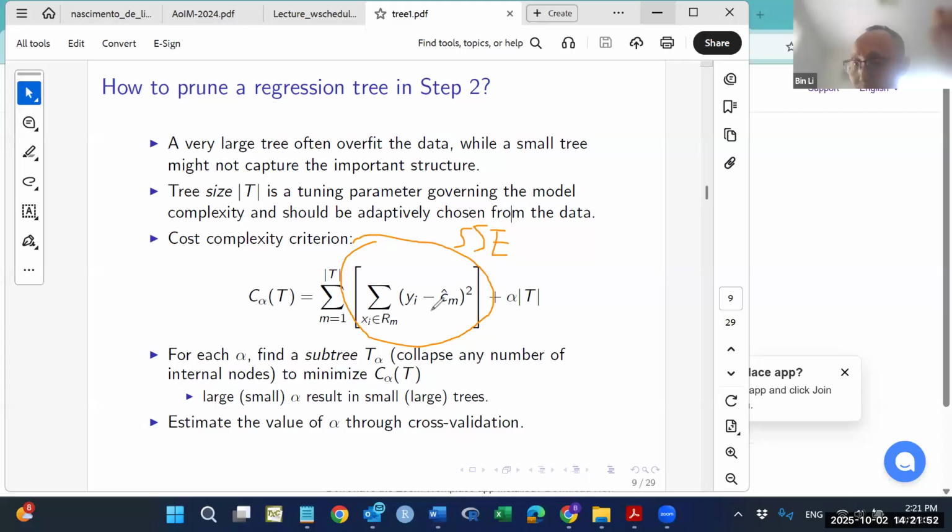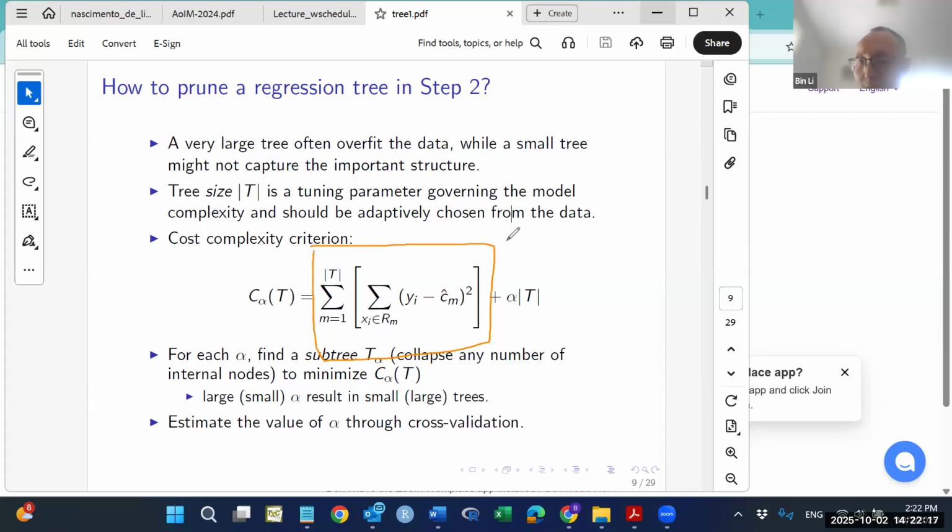Here we are talking about the regression tree; we will talk about the classification tree in a minute. For the regression tree, this is the sum of squares for that leaf, and then we sum over all the leaves. Is that clear?